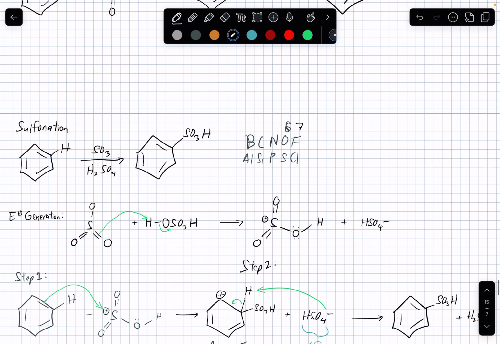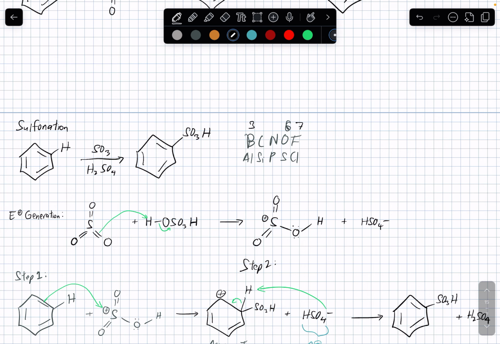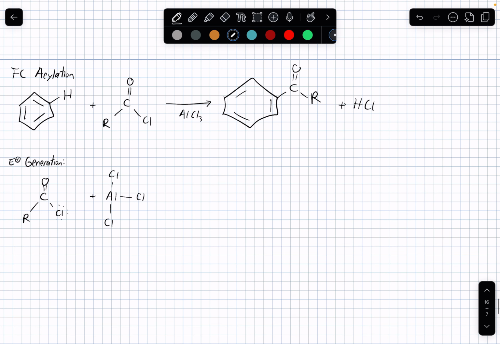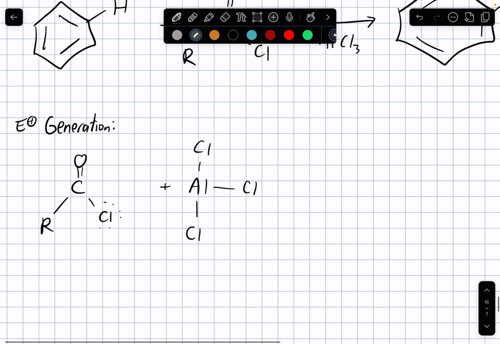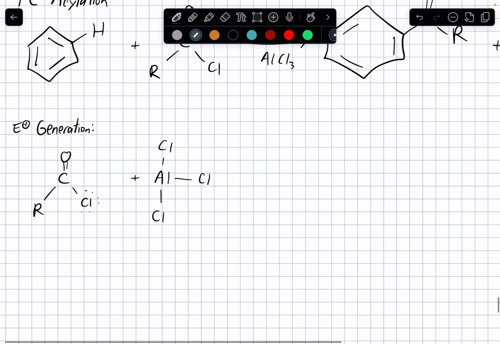Where is aluminum? 3. So this is neutral. What do we do? From the lone pairs, attack the aluminum. Just one arrow.